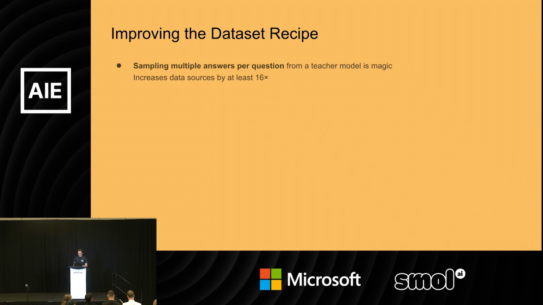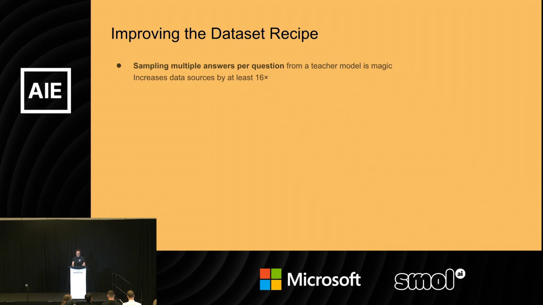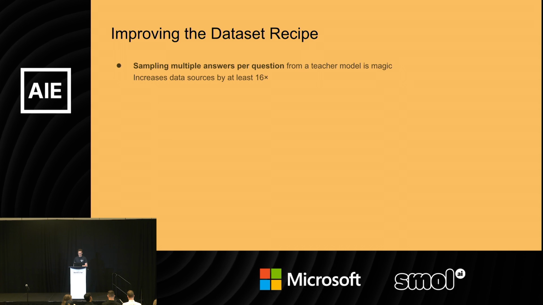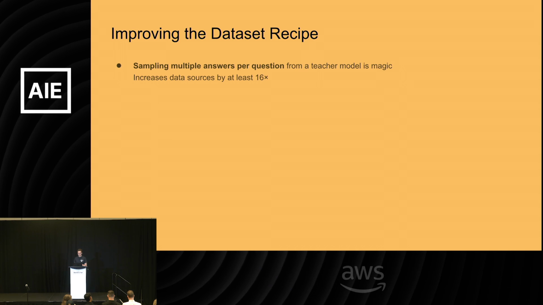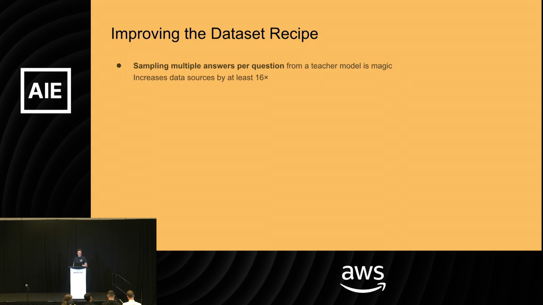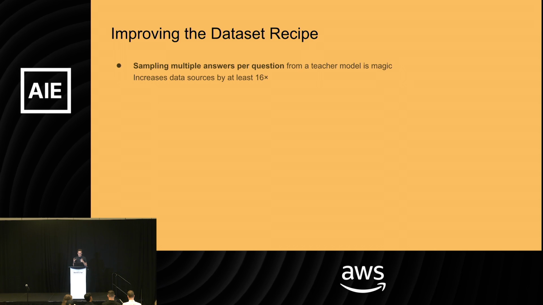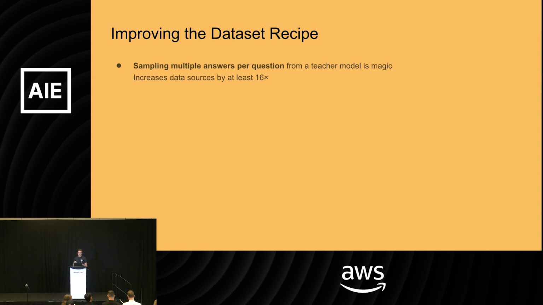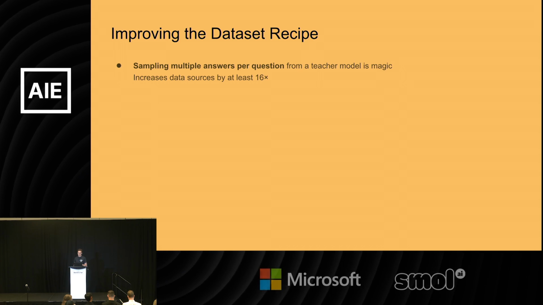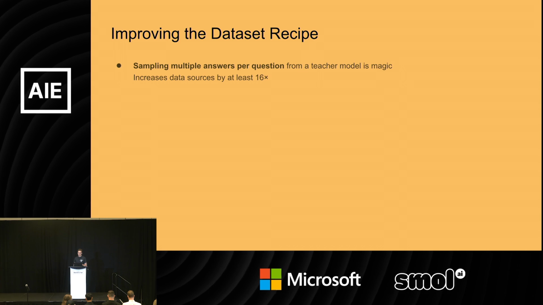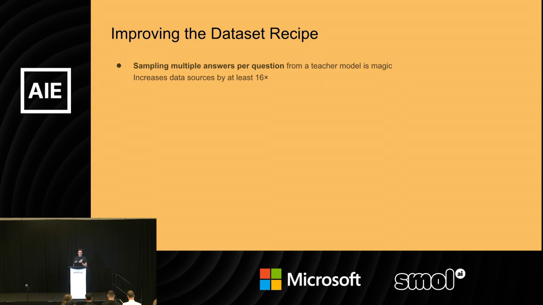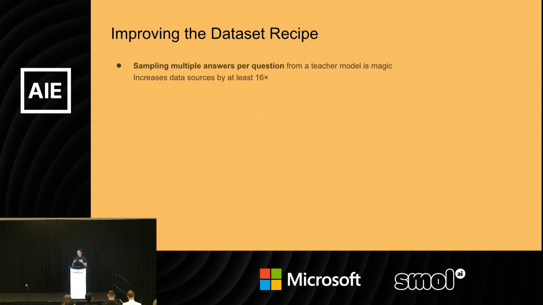Okay, so these are the key learnings that we had from our dataset recipe, and this is what you can take away. The first thing is, pretty surprising, sampling multiple answers, so multiple reasoning traces per question in your dataset, works really, really well. The performance does not go down at a fixed scale.